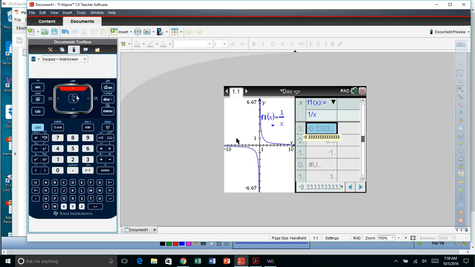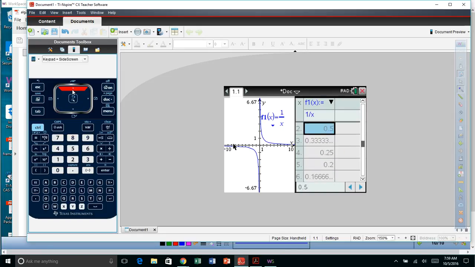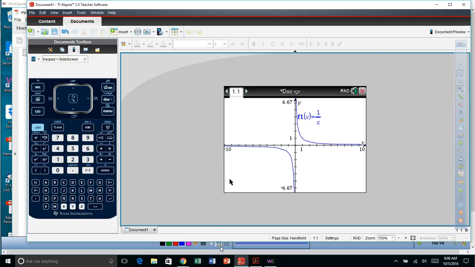And then, well, let's mix it up. 3 and 1/3, and we got negative 3 and negative 1/3. Let's roll on down here. Let's go to 10. You got 10 and 0.1, so we should have negative 10 and negative 0.1. And you can do this all day.